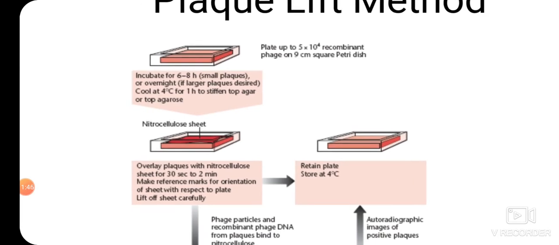Let's say we have developed a recombinant DNA phage vector, which is allowed to infect a bacterial lawn. After infecting the lawn, it creates plaques. If you incubate for about 6 to 8 hours, small plaques are created. If overnight, large plaques are created, which are more likely desired.